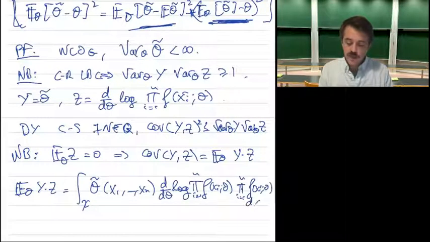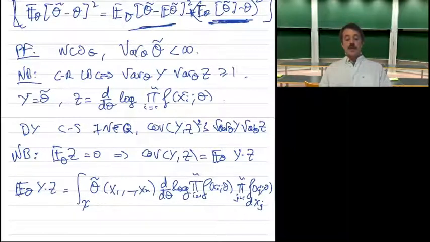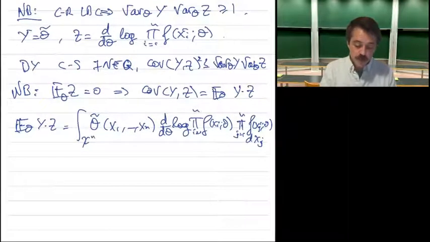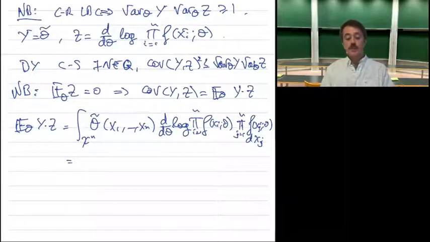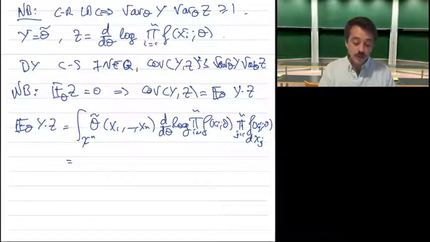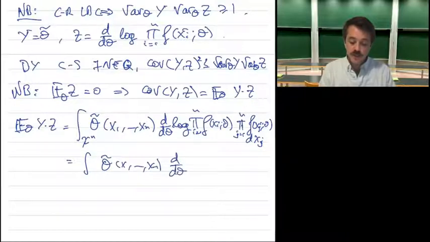By the way, this should be xn. The derivative of the logarithm gives us, this is the calculation that we've been doing all the time these days, the derivative of the joint divided by the joint, and so the joints will cancel out, and what we get is simply the integral of this estimator times the derivative with respect to theta of the joint.